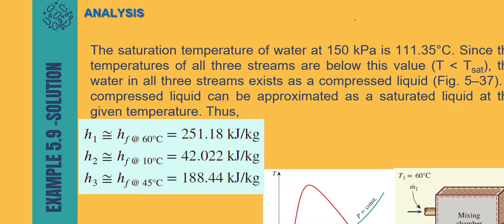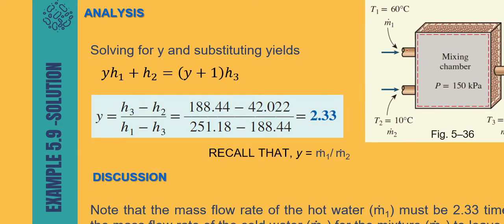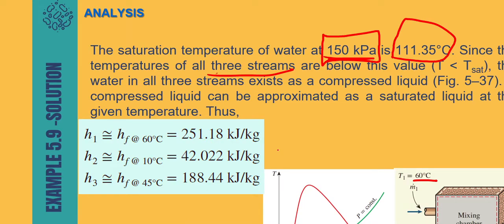Given that the operating pressure is 150 kPa, if you check the saturation temperature at this pressure, the saturation temperature is 111.35 degrees C. Since the temperatures of all three streams are 60, 10, and 45, all of these are below this value, meaning the water in all three streams exists as compressed liquid.